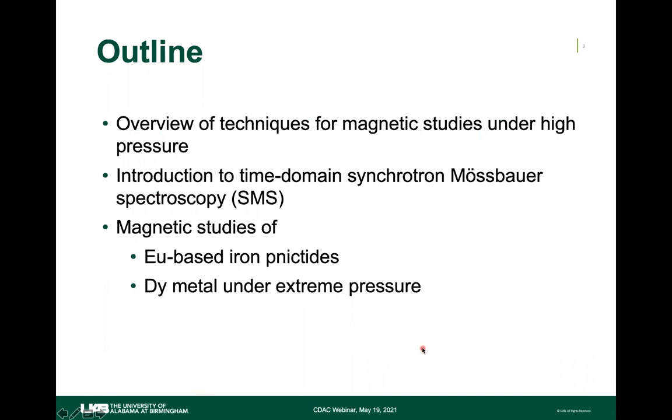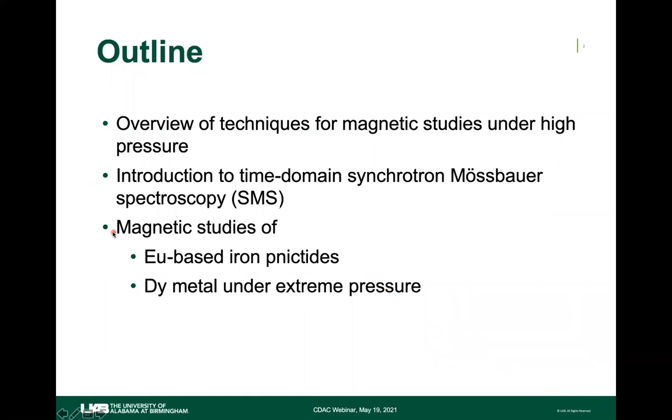Okay, so here is the outline of this talk. First, I want to give a very broad overview of several techniques routinely used for magnetic studies under high pressure, especially under static pressure in diamond cells. And then I'm going to give you a short introduction on the time domain synchrotron multiplier spectroscopy.